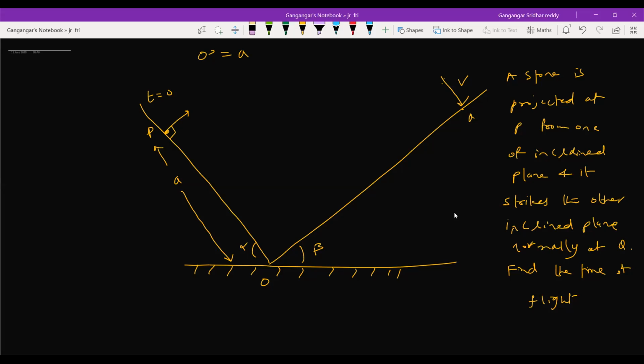Yesterday, I think we have discussed that, and I'm asking you to apply it carefully here. Yesterday, what were those inclined planes? Alpha and beta, they were perpendicular. They need not be perpendicular here because he has not given alpha, beta. You need not assume them to be perpendicular. Some angle you can assume, where that angle need not be equal to 90 degrees.